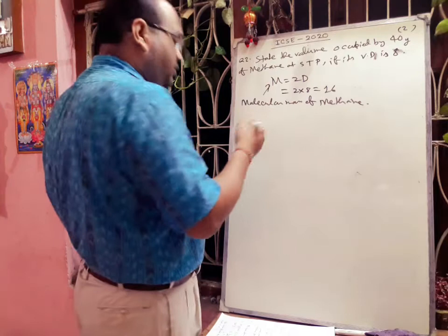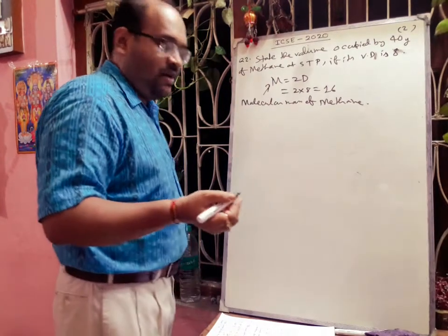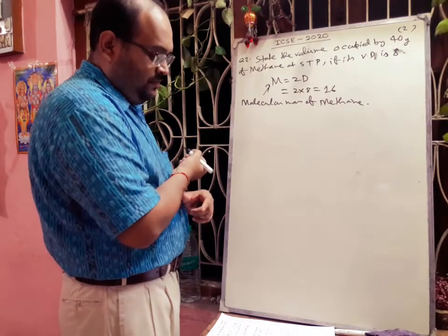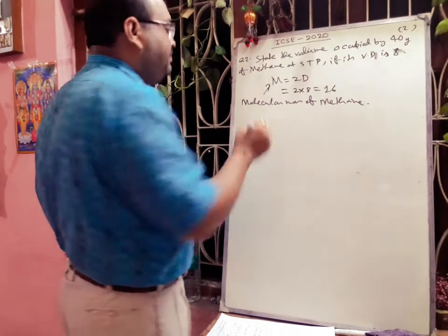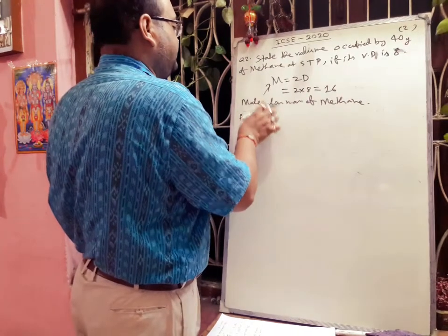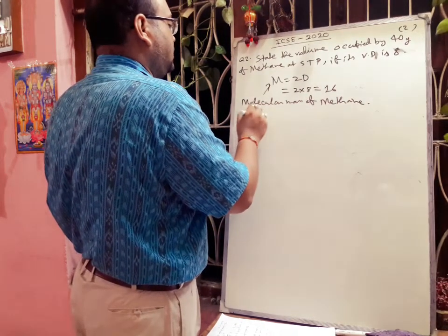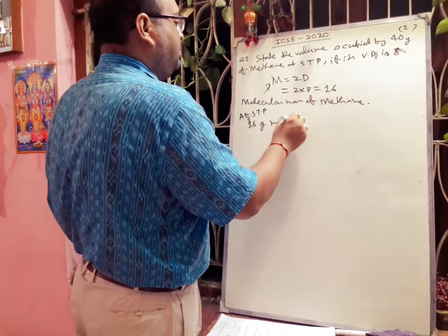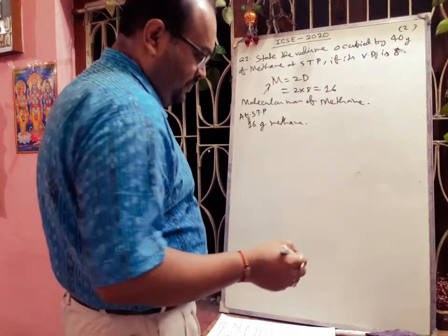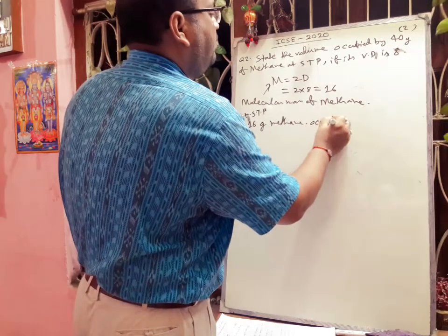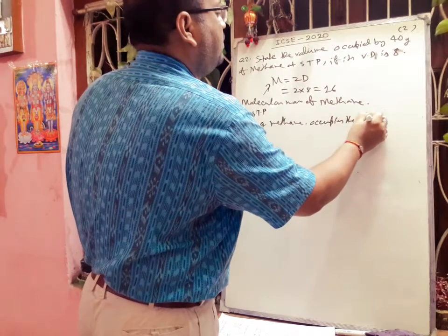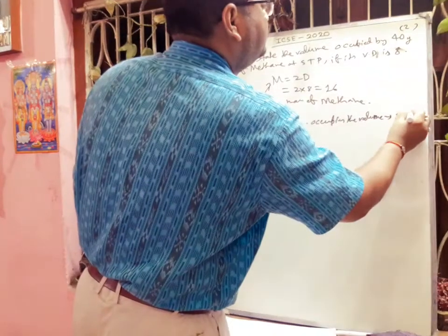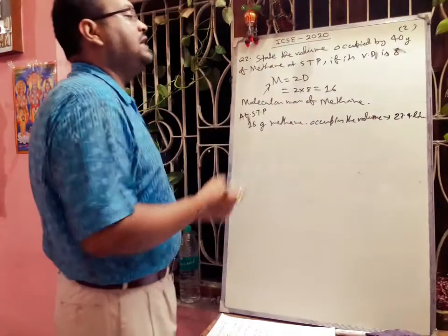According to the concept of Avogadro's number, 16 gram of methane at STP occupies a volume of 22.4 liters. Here the question is for 40 gram.